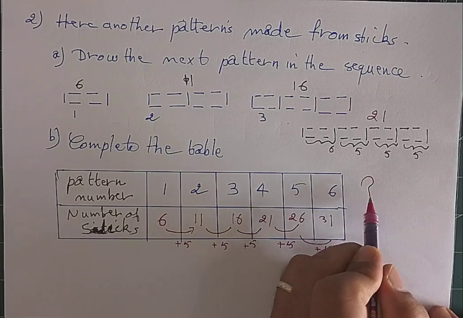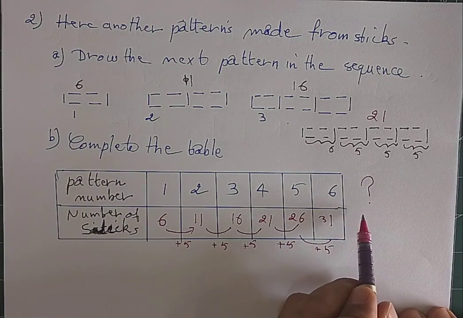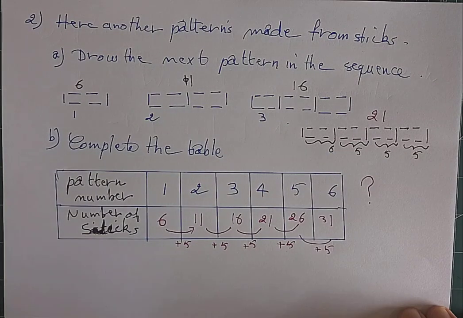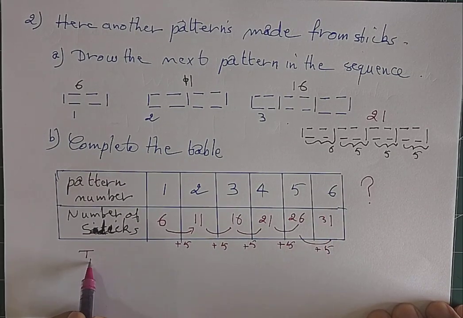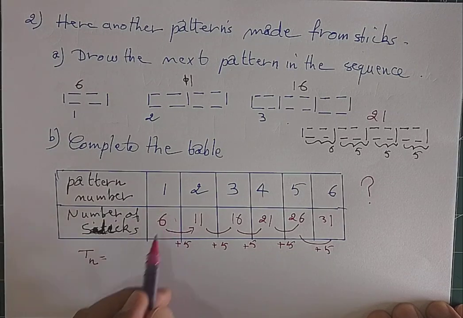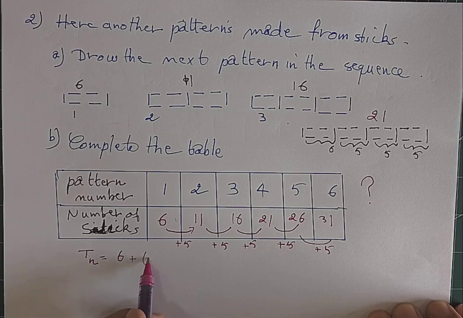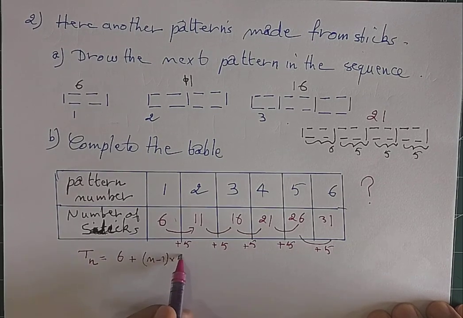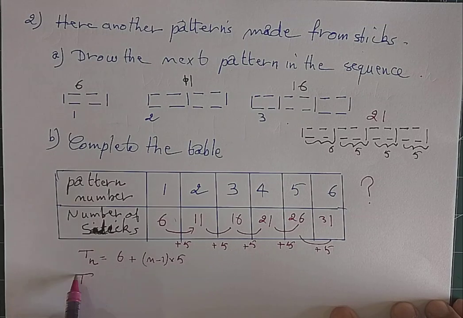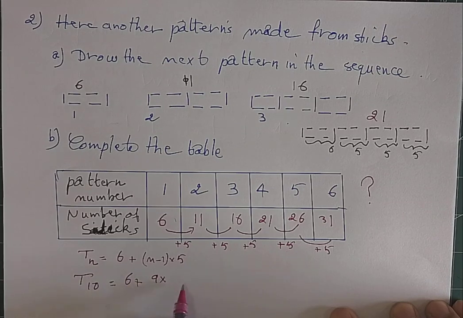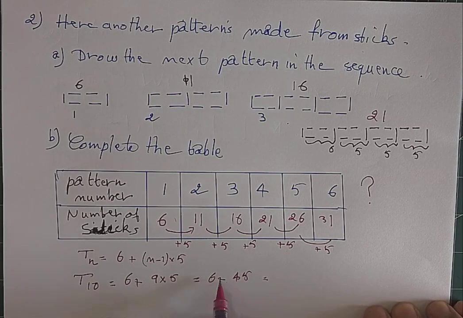But I need to know the nth term, the nth pattern. How much will it be? We have the same thing: Tn equals the first term, 6, plus n minus 1 times 5. I need the 10th term: T10 equals 6 plus 9 times 5, equals 6 plus 45, which is 51.